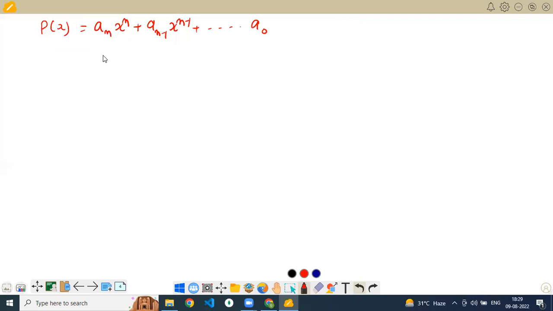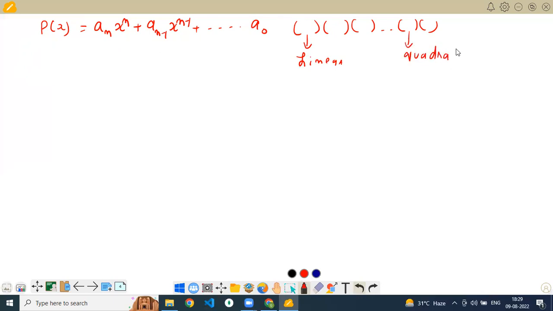Then suppose we are able to break this into a few linear factors and then a few quadratic factors. These are linear factors and these are quadratic factors.